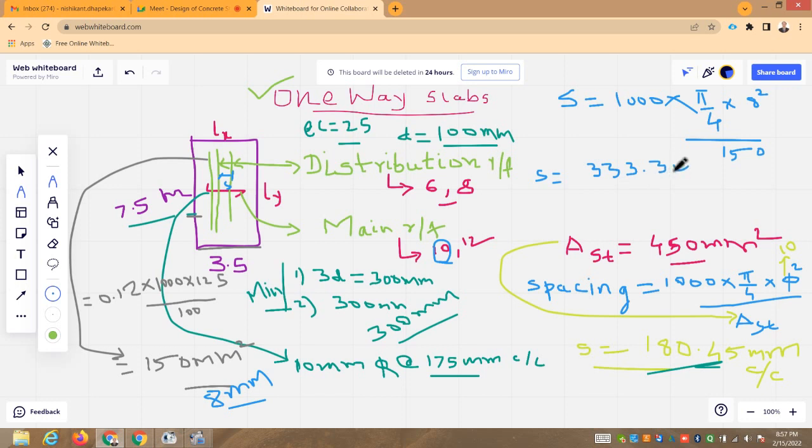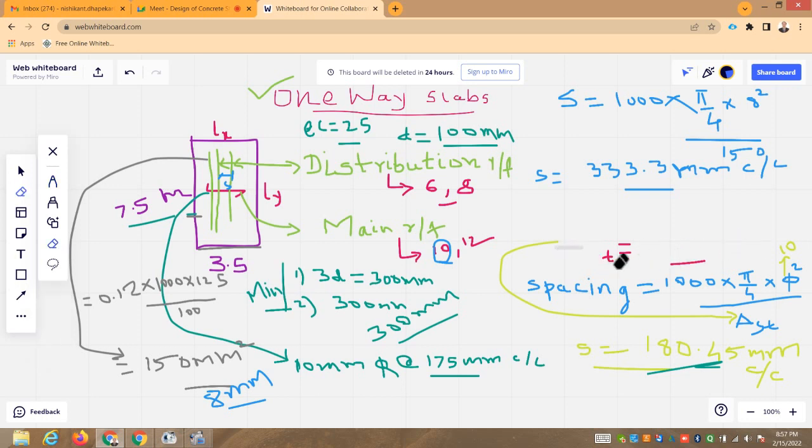So where did we get the 8 millimeters? 333 point something. Yes, sir. Okay. So this is the spacing for the distribution bars.